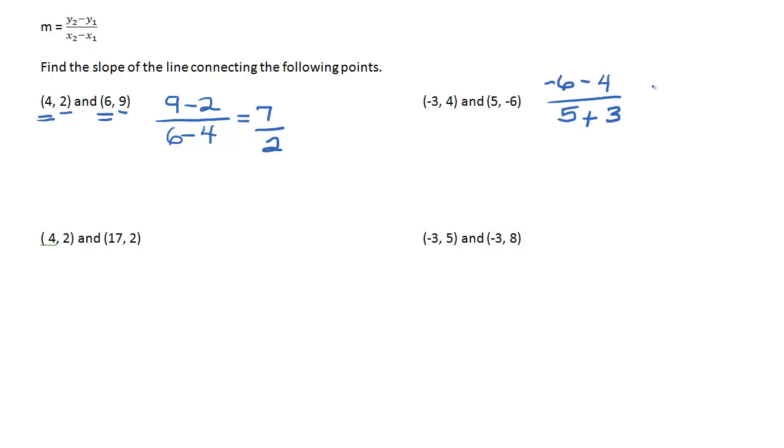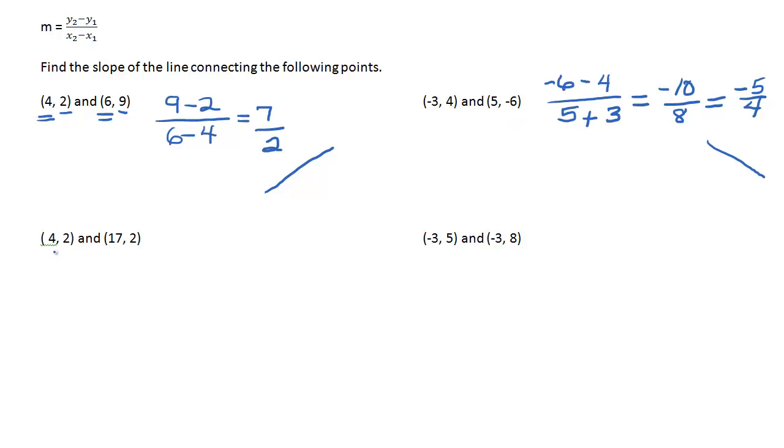So negative 6 minus 4 is a negative 10, and 5 plus 3 is 8, which reduces or simplifies to negative 5/4. This one will rise as I move from left to right. This one will fall as I move from left to right. You can check yourself by plotting the 2 points and drawing the line between them.